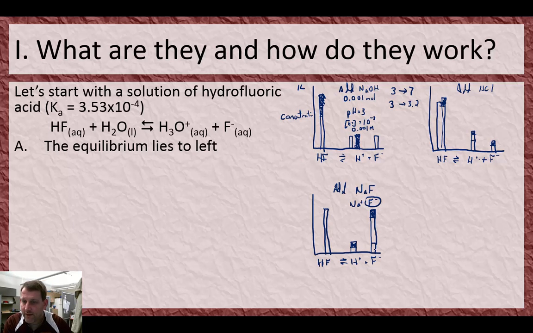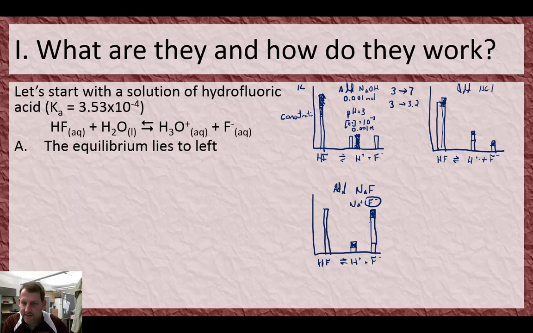And now there's a lot of extra H+ in there, and it's bound to the F-, so it can make more H+ if it needs to when we add a base. So it's a good buffer for a base. And this way, it's also a good buffer for an acid because now we have lots of F- in solution as well. So if we add extra H+, the F- will bind to that H+, turning into HF, but taking it out of solution, so it controls our pH.